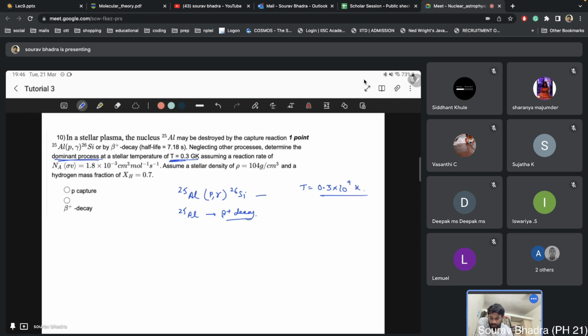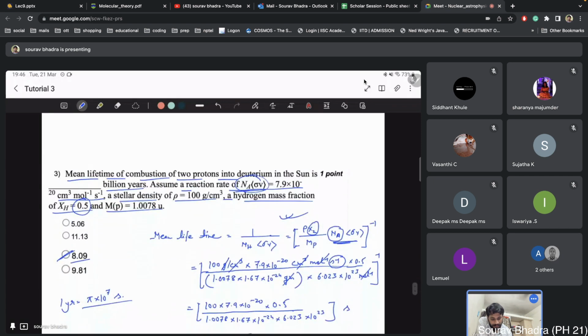So at this temperature we have to determine the dominant mechanism, the dominant reaction. For the mean life which I calculated previously, just try to remember this expression, because every time you cannot derive it from the basic theory, it will take a lot of time. So just remember some of the equations so that you can do it quickly in your exam.